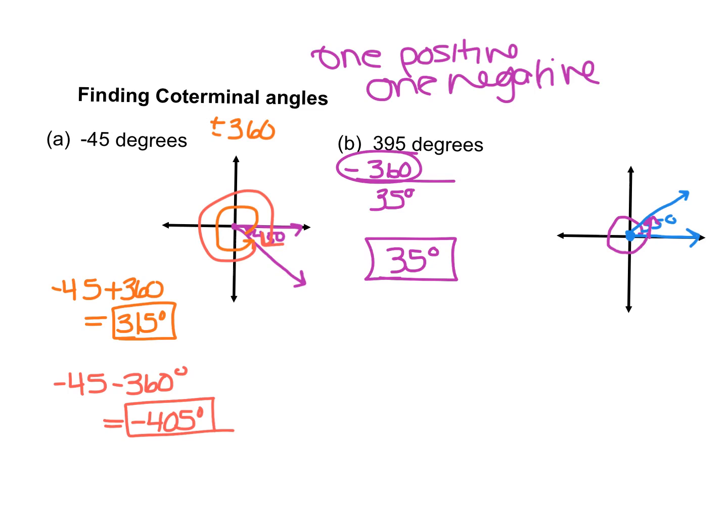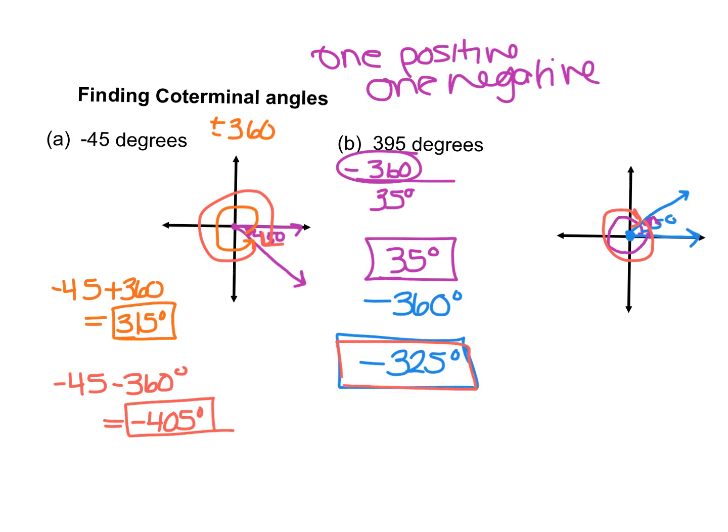The easiest way to do that is to take 35 degrees and subtract 360 from it, and I'm going to find that I have an angle of negative 325 degrees. And that would be another angle that is coterminal with that. So I can imagine, here's 35, and if I went in the negative direction 360 degrees, I would end up at that negative 325 degrees.